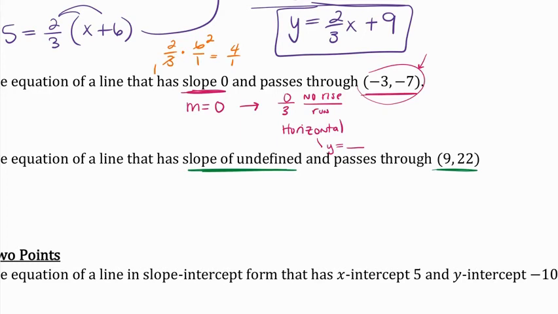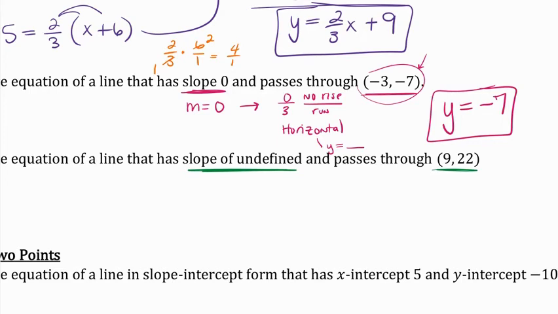So then all you have to do is say that y equals 7. There's my equation. Ta-da! Okay, so if you can look at the slope, you just have to figure out if it's 0 or undefined, is it horizontal or vertical, and then you can go straight to your equation. The hardest part is remembering that horizontal is y equals and vertical is x equals.